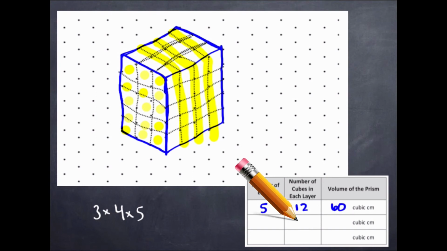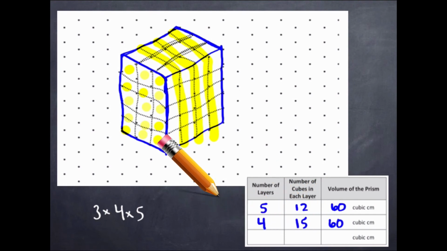So we would have 15 in each layer. We would have 4 layers. 4 times 15 would be 60. It would be the same thing. So we would have 15 here, 15 here, 15 here, 15 here, 15 here, 15 there. That would give us a total of 60.